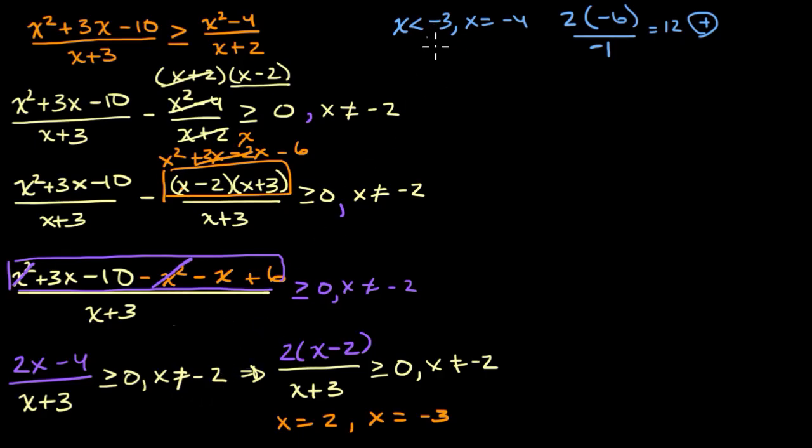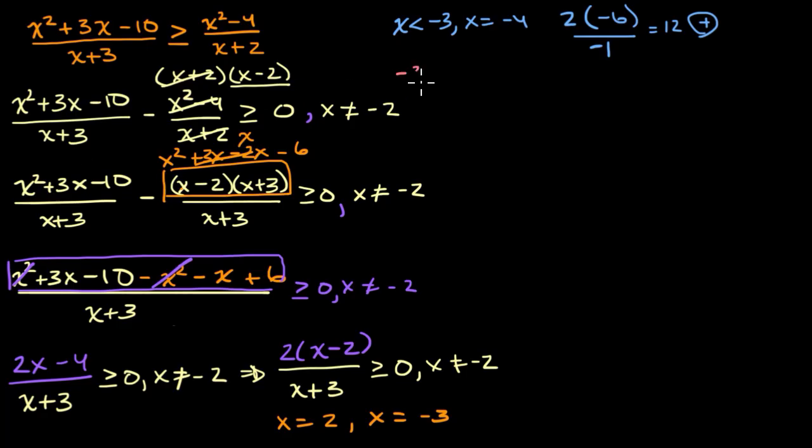Now, we can't get to x equals negative 3, even though this is greater than or equal to, because at x equals negative 3, our denominator becomes 0. This becomes undefined. X equals negative 3 is not part of our domain. Now, let's try the interval in between these two numbers. Maybe I'll do that in a salmon color.